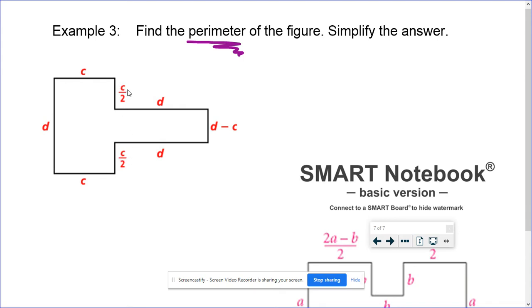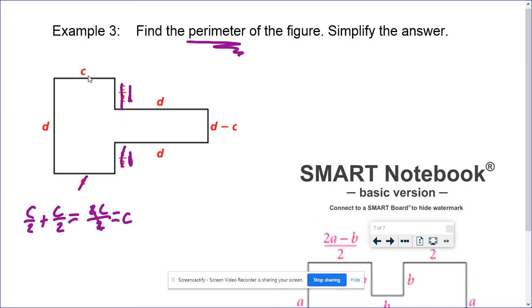It's like if I combine c over 2 and c over 2, I'm going to add them together over here. They have the same denominator, so when I add them together, c plus c is 2c. The denominator would stay the same. When I would simplify that, the 2's go away. That's equal to c. So now I've got 1c.